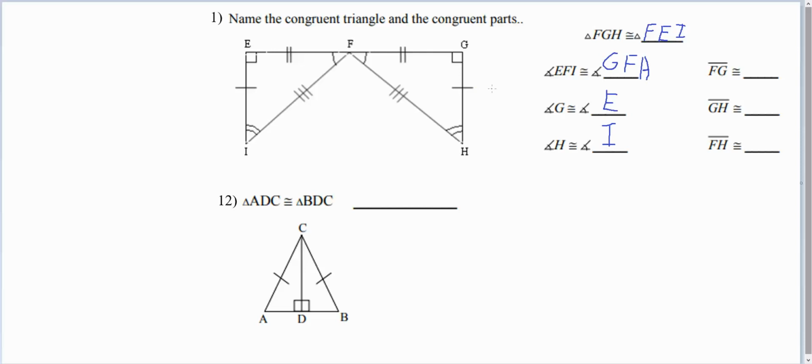So now if we look at FG, that has the double tick, so the double tick on the other side is FE. GH has the single tick mark, which would correspond with EI.